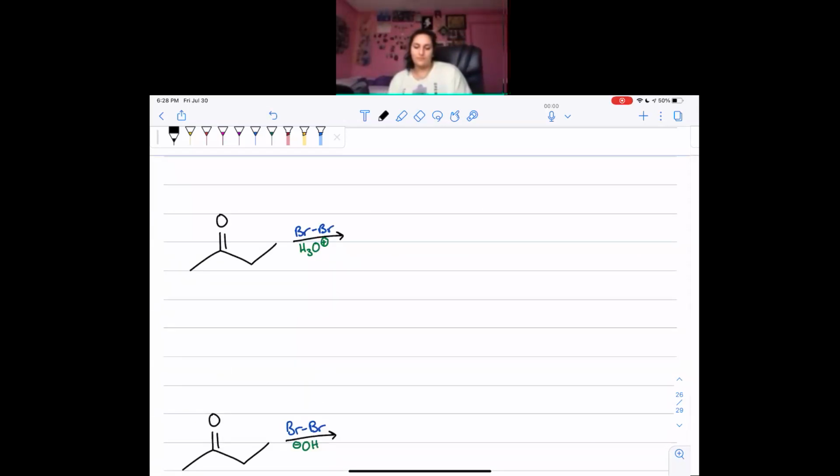All right, the important reactions for this chapter. We're going to start with the halogenation. So many halogenations. So we have acid and base catalyzed. So in the acid catalyzed, we end up with this.